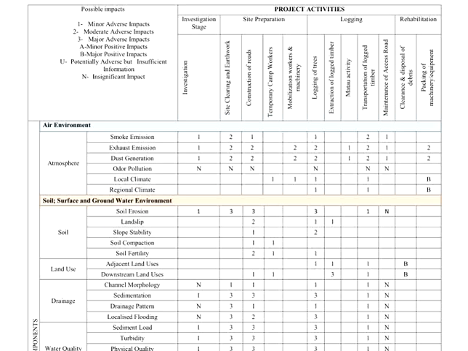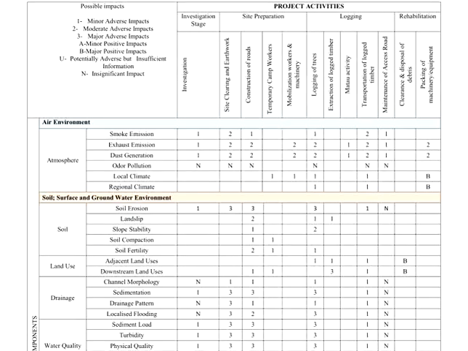Now let us look at another project activity. This project is related to logging. Therefore, this EIA matrix is conducted to assess the impacts of the logging process. As identified here, logging of trees.